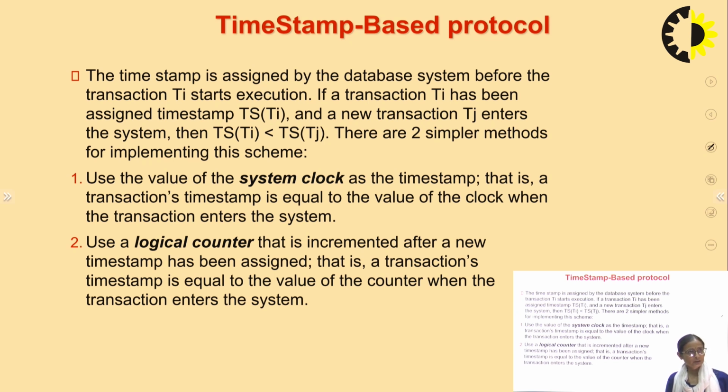If a transaction Ti has been assigned timestamp TS(Ti) and a new transaction Tj enters, automatically the timestamp value of Tj should be larger than the timestamp value of Ti. And how are we ensuring it? Either we are using the system clock to implement the timestamp value, or we are using a logical counter. So with the help of these two approaches, we are able to assign the timestamp value to transactions Ti and Tj.